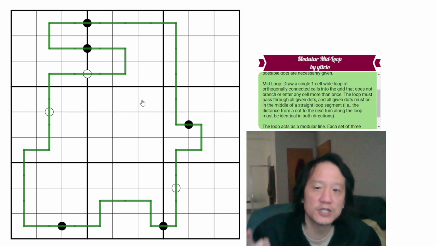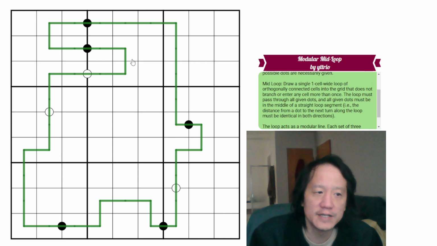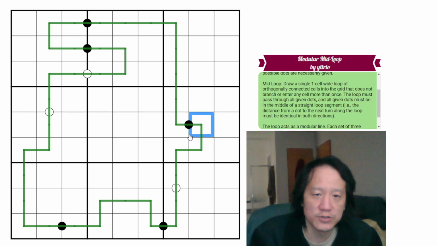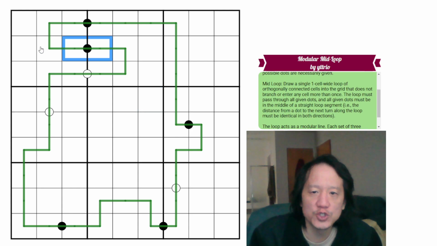It cannot branch, and it cannot enter a cell more than once. Anyways, the loop must pass through all the dots, so this loop does pass through all the dots, so this could be valid. And all given dots must be in the middle of a straight loop segment.